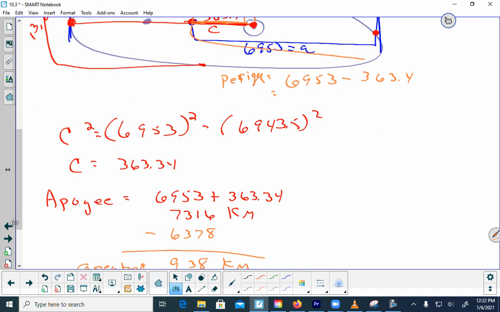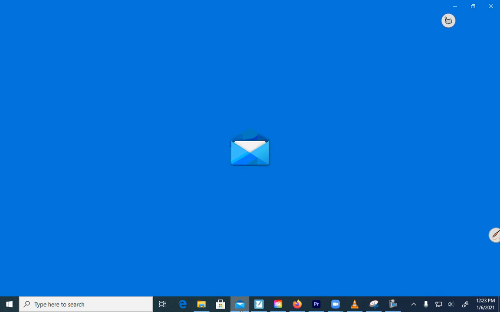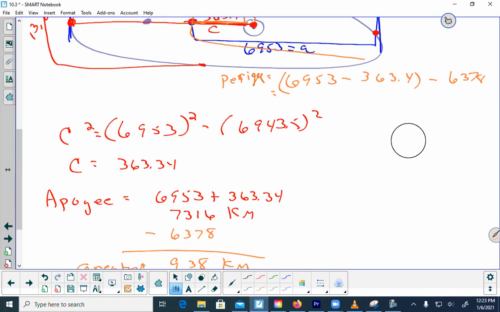So when I did that, and then I got that number, and then I subtracted the surface, 6,378, I end up with 211 point, well, 212 is what it rounds to, about. So this will be 212 kilometers, which is my least distance from the Earth's surface to the satellite.